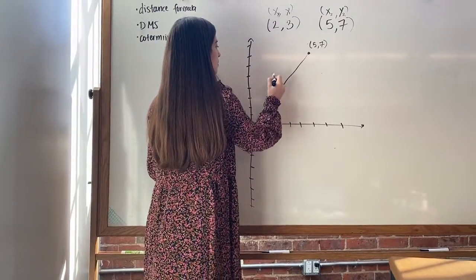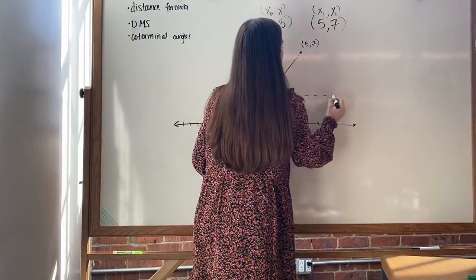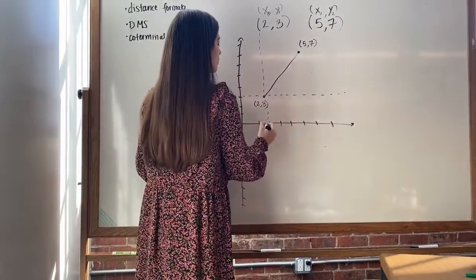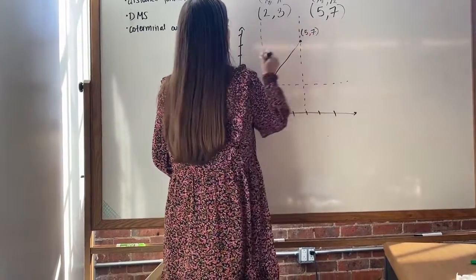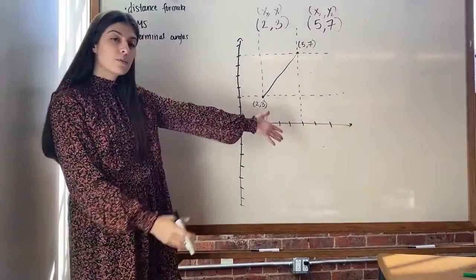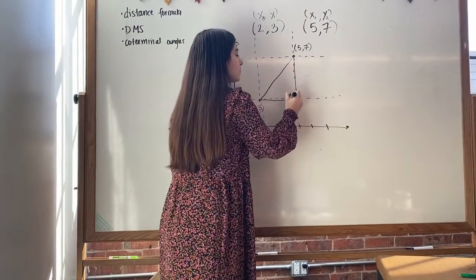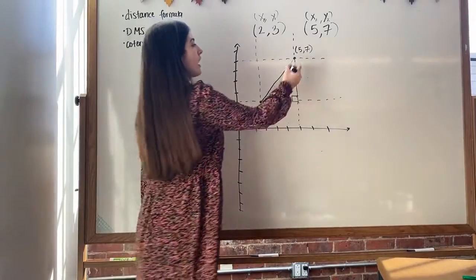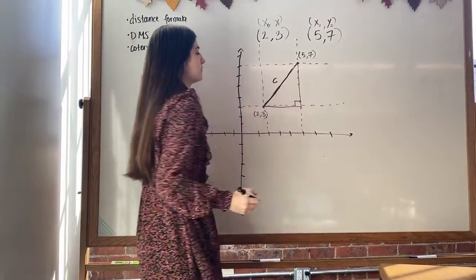We go up to 3, 4, 5, and 7. Look what we formed right now. Our right triangle, with our hypotenuse being our distance. This is our c.